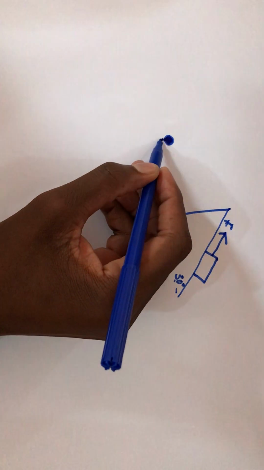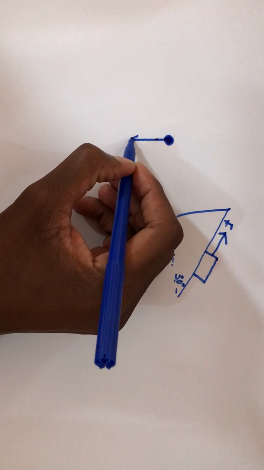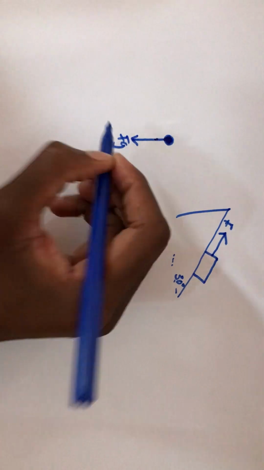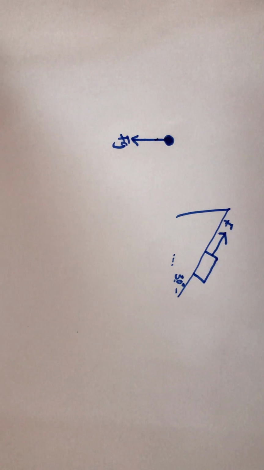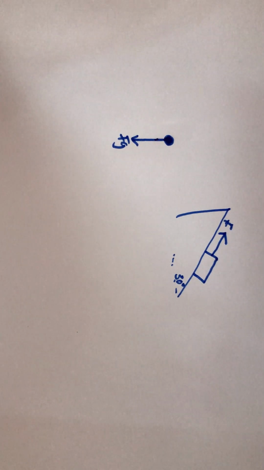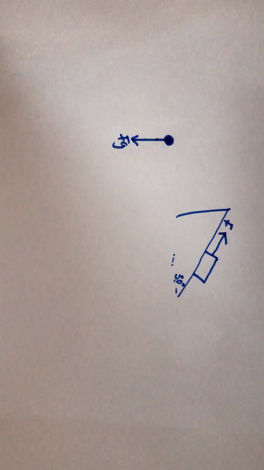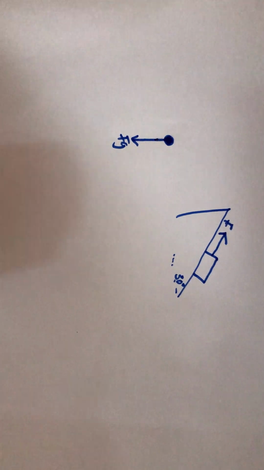This is the box. In this type of situation, make sure that in your free body diagram, you always start with Fg. We know that Fg is always downwards, so we take it straight down, Fg. Then normal force is always perpendicular to the surface, so you look at the surface's incline.